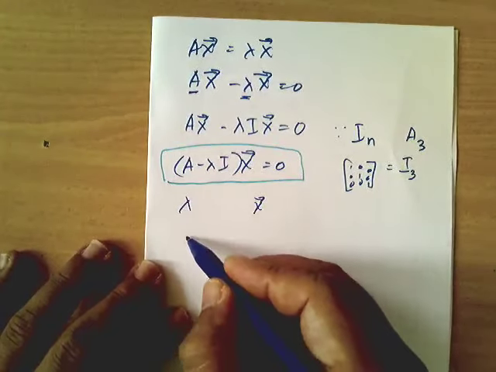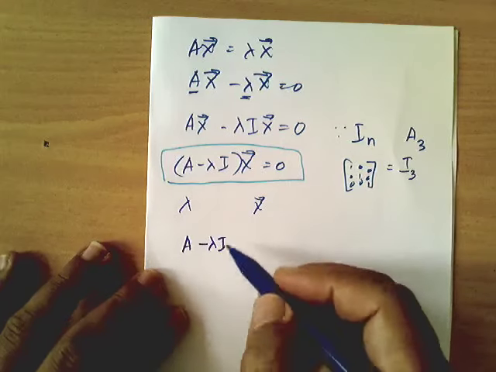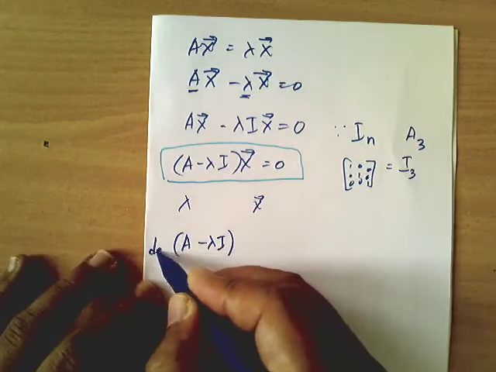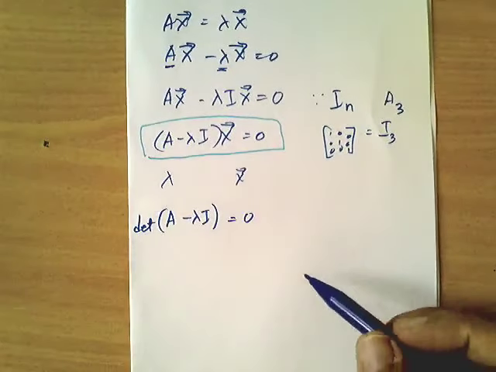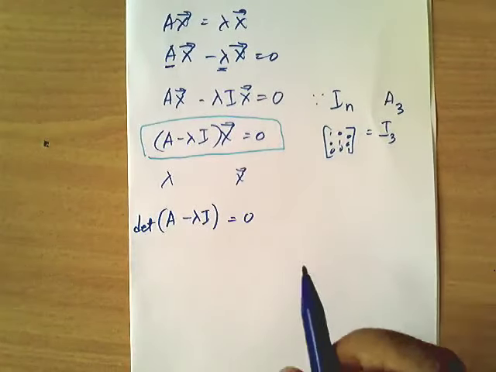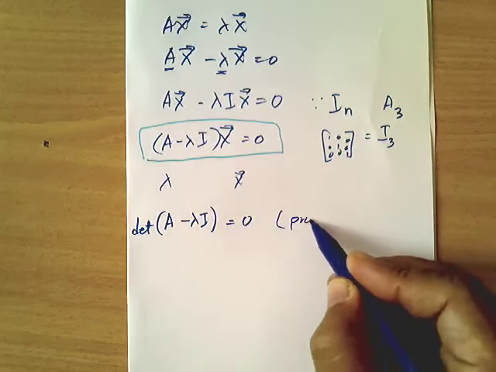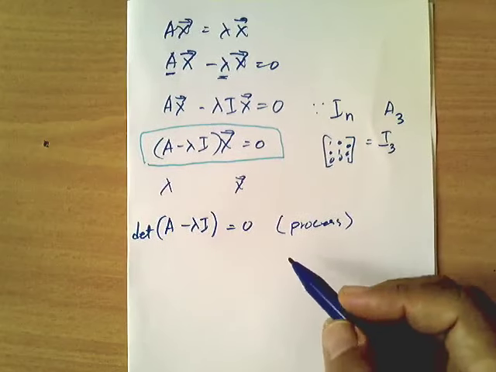So we have A minus lambda I. To find the eigenvalues, you need to take the determinant of that and set it equal to 0. I'm going to cut this video here for a while, but this is the process on how to find the eigenvalues and eigenvectors.